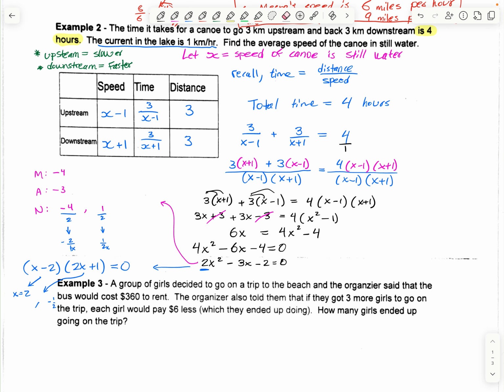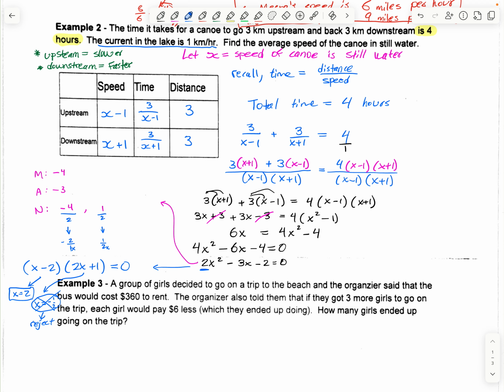I want to reject this because speed cannot be negative. So I'll say reject. Can't have negative speeds here. So the speed of the canoe in still water is going to be 2.